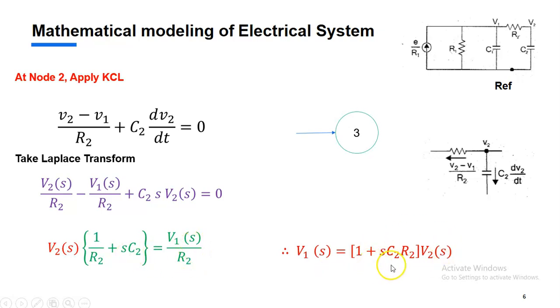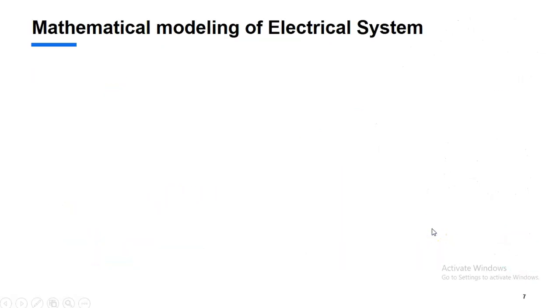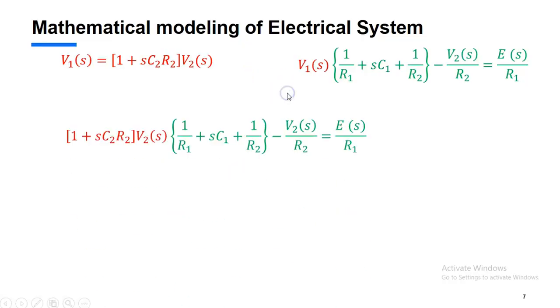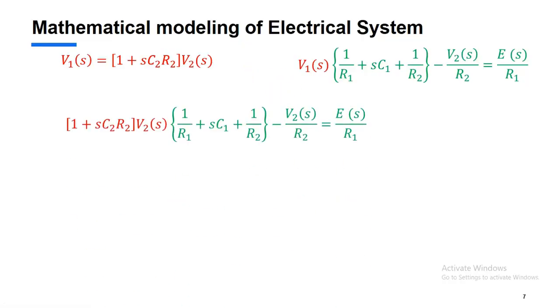So after simplifying, we will get 1 plus sC2 into R2. This is equation number 4. We know that this is equation number 2 and equation number 4. We are going to substitute this V1 in this particular equation.